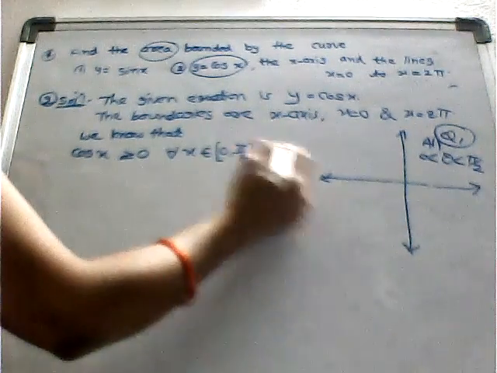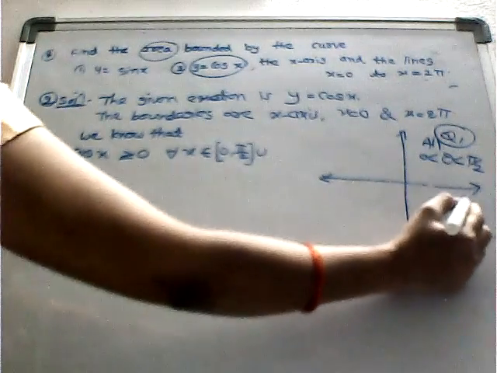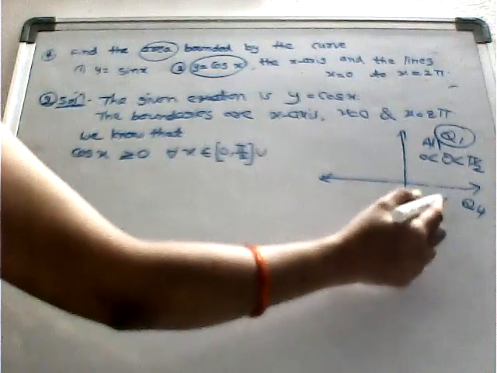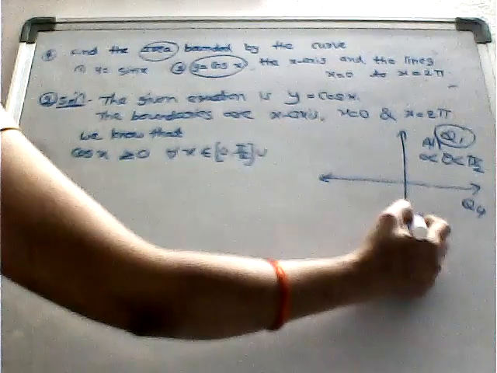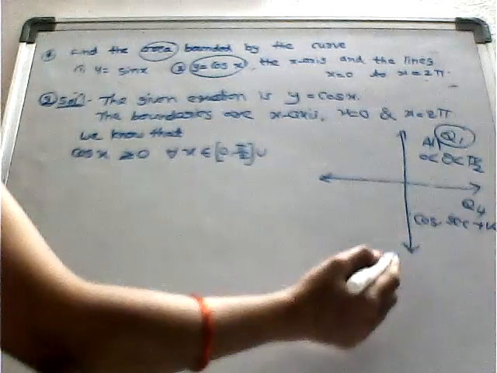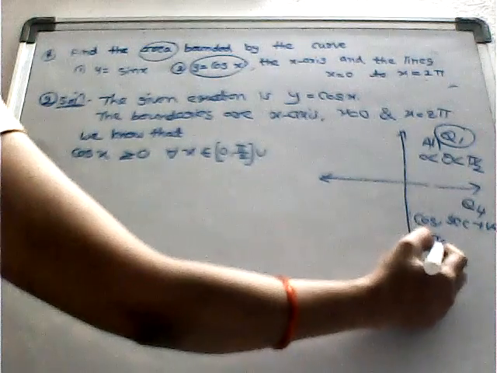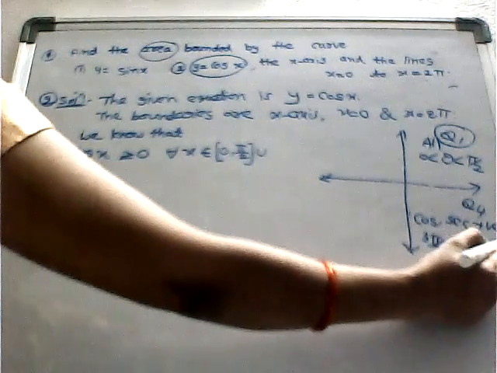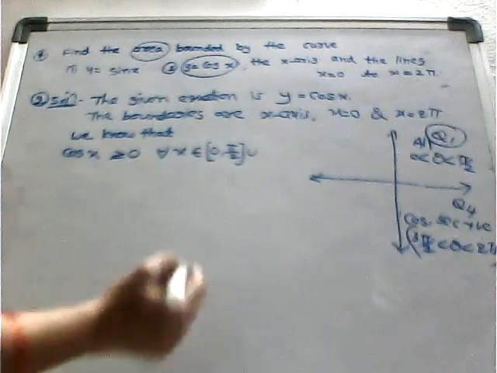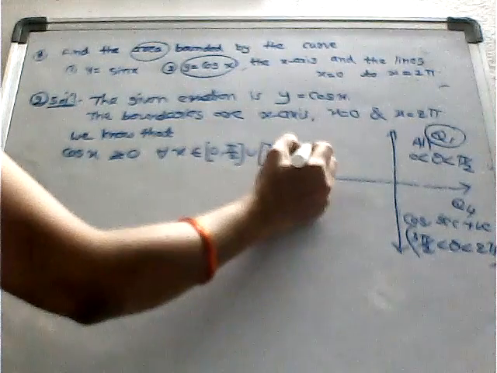Next, in the Q4 quadrant, the values are positive, because in the Q4 quadrant we take the cos function and the secant function as positive. So for this Q4 quadrant, theta values are taken from 3 pi by 2 to 2 pi.